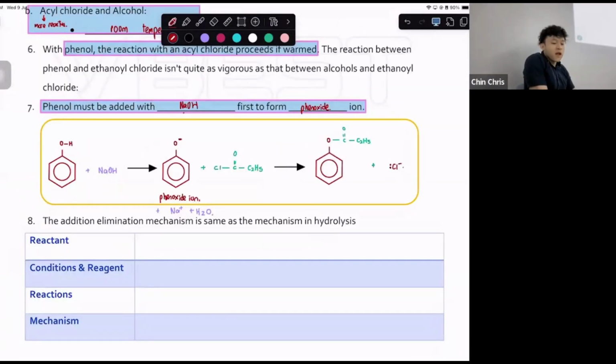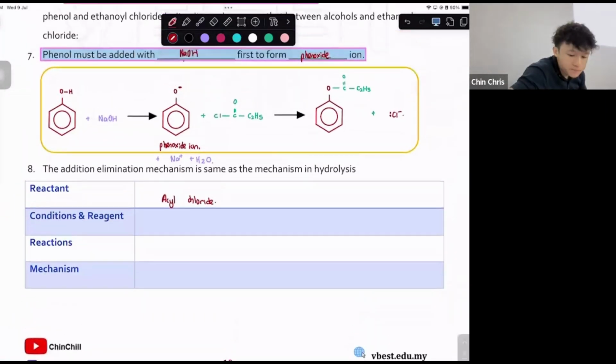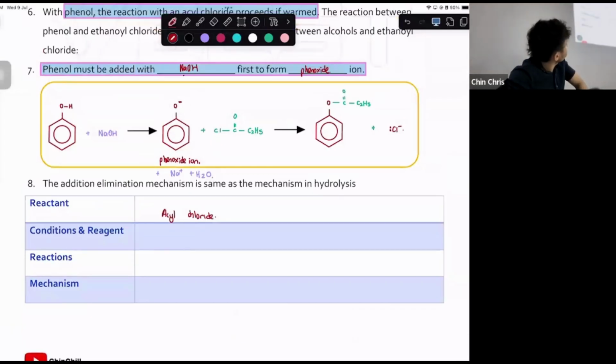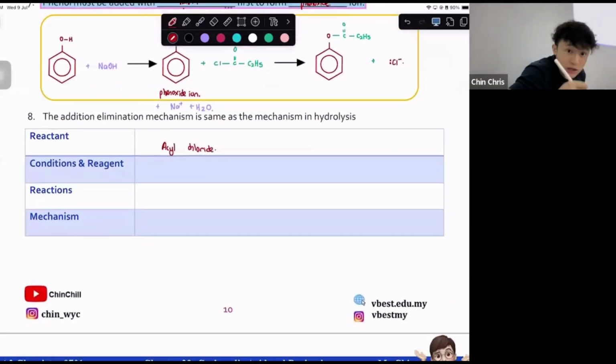All right, guys, this is also addition-elimination. Take the reactant and put it with acyl chloride. Oh no, it's a lone pair, sorry. Yes, it's a lone pair. Guys, you see the condition and reagent, right?